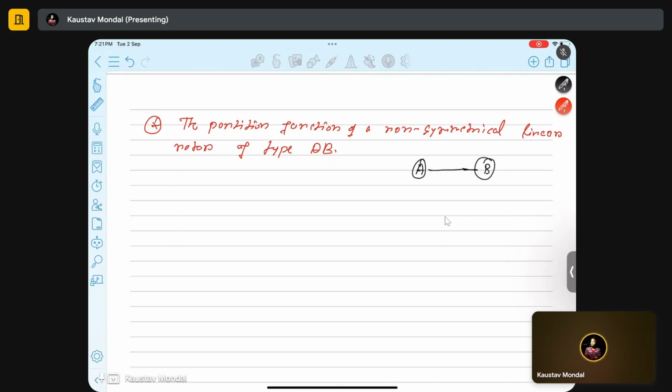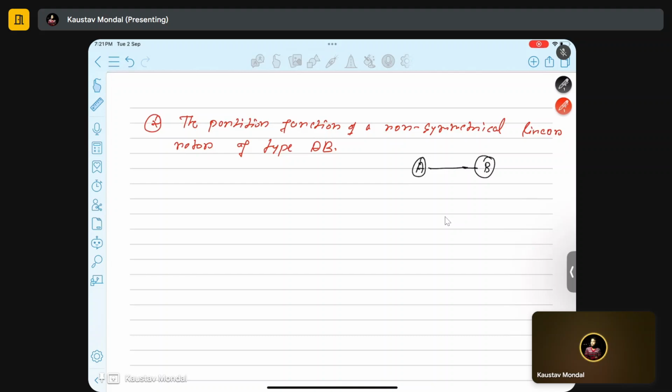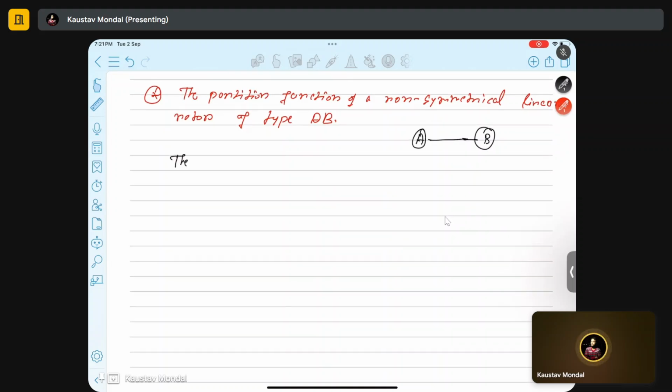So the energy levels of linear rotors are given by EJ equal to hcB into J times (J plus 1).